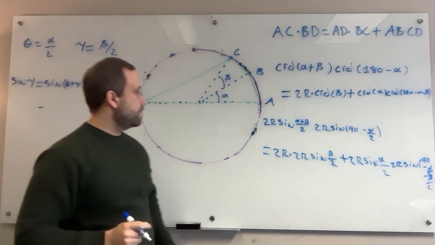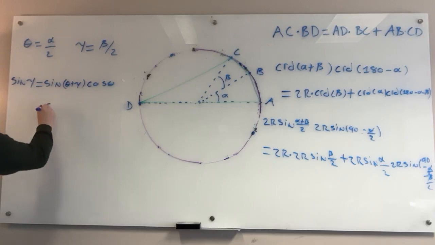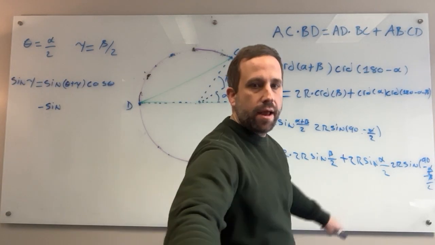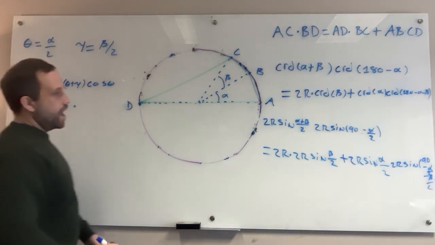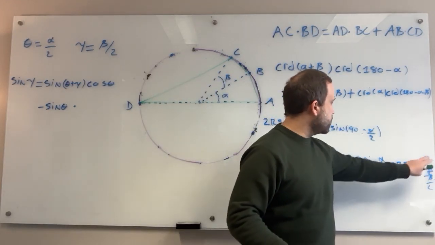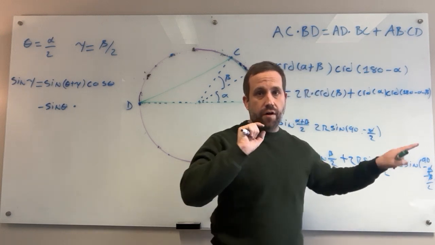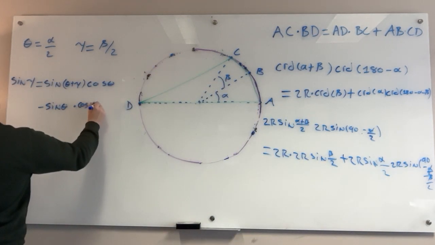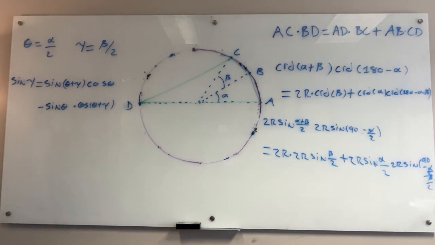And then it's going to be minus this term right here, minus sine theta. And then this right here is sine of 90 minus alpha over 2 minus beta over 2. So that's cosine of theta plus gamma.